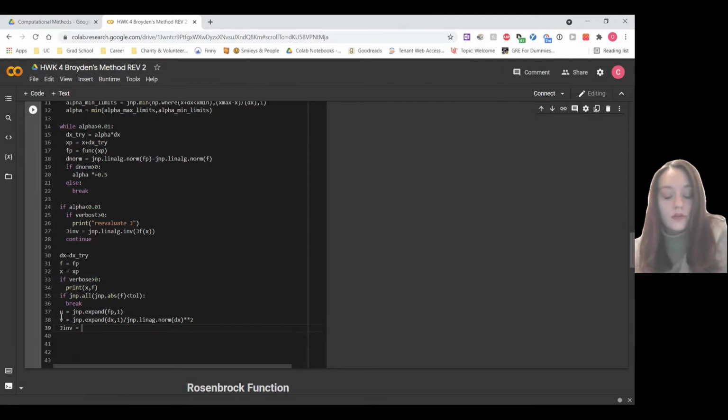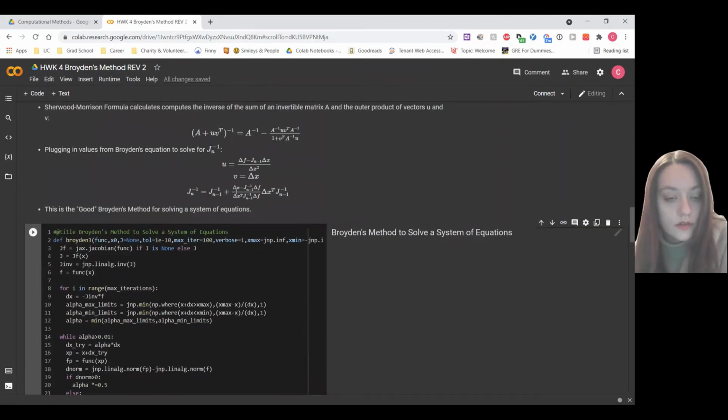So we get our new value for J inverse is equal to J inverse minus, just multiplying matrix, transpose of v, as we're referencing our equation, so the J inverse transpose delta x times u.